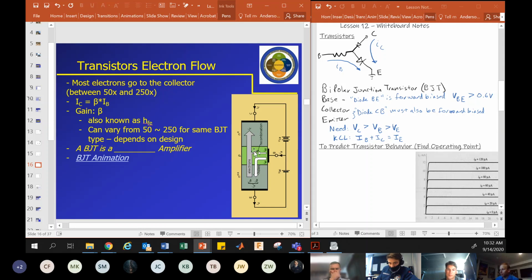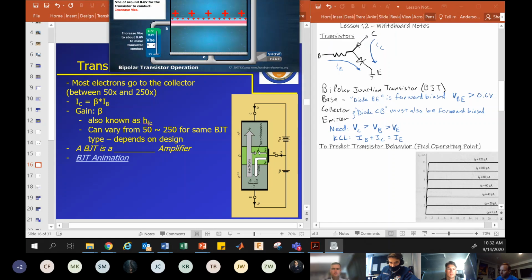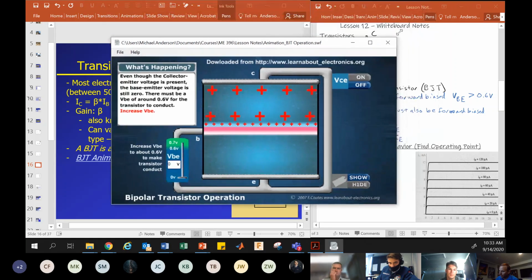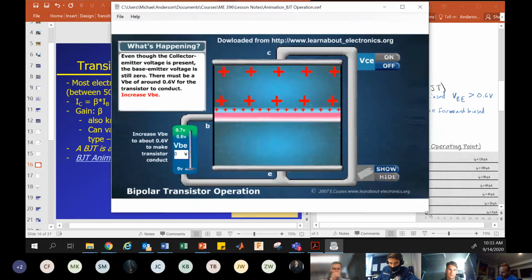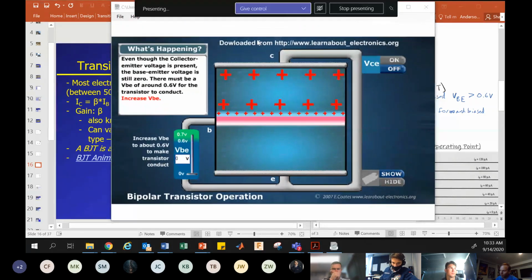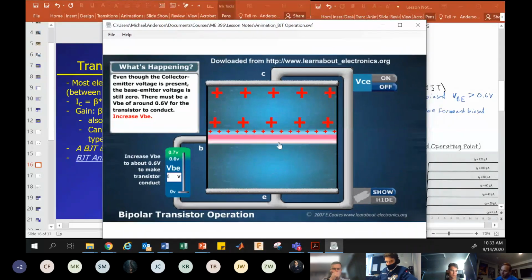So let me pull up another animation that's kind of cool. I hope this one works. But the way this actually works physically is, if you look at this animation, this is the collector on the top, the emitter on the bottom, and the base, this small pipe on the left.